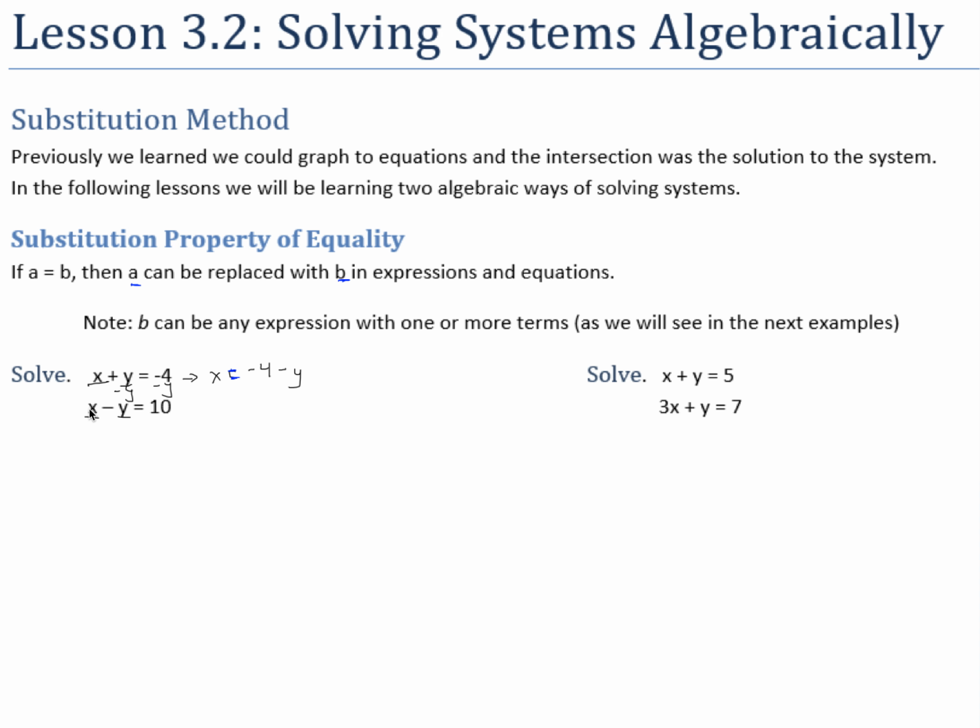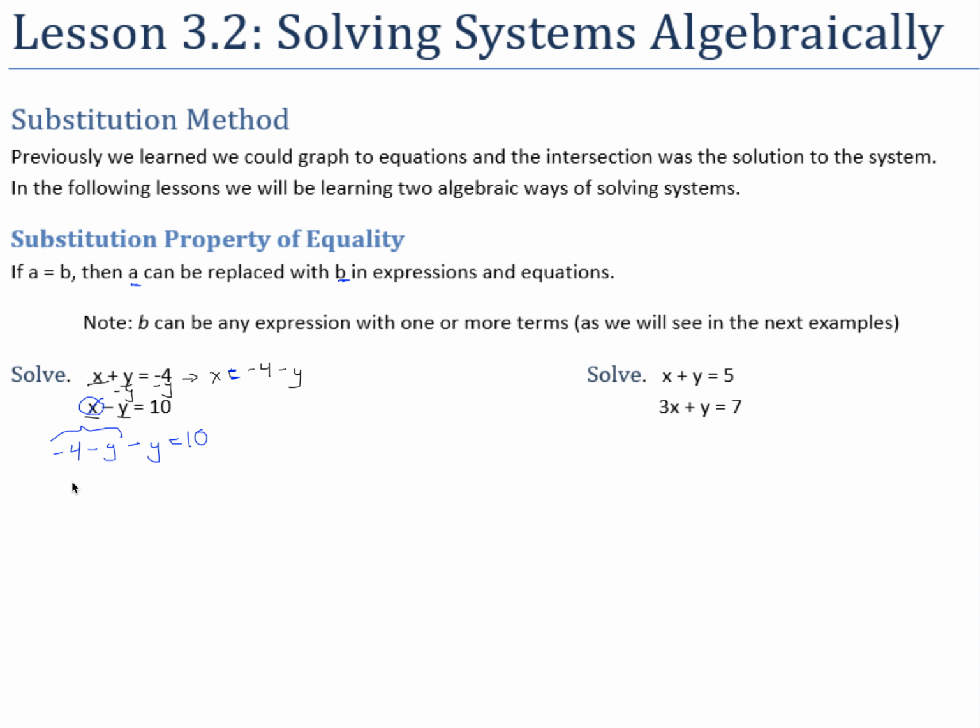So what we do is we go to our other equation, the one we did not use to get this equation here. We go to our other equation and we substitute in for x. So instead of using x here, we are going to put in -4 minus y. We put that in here for x, because x is equal to that, minus y equals 10.